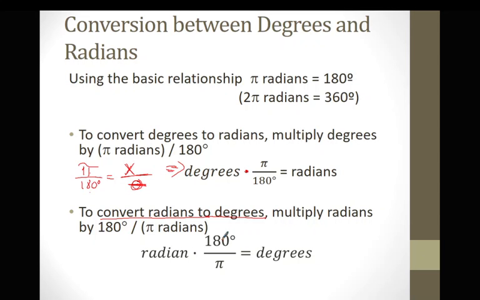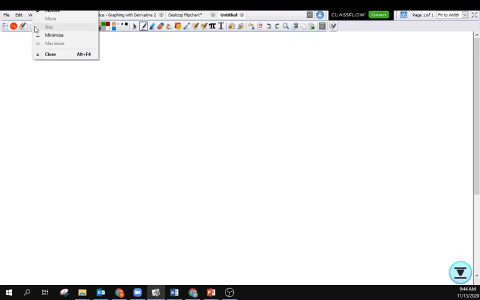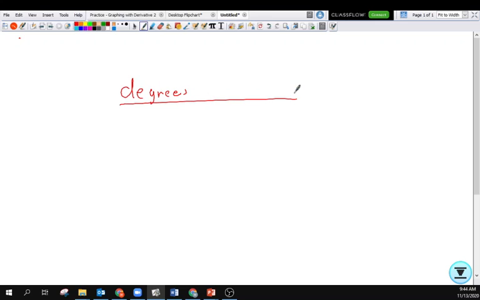Now, this actually goes back to something you learned in chemistry that you absolutely dislike. If you have it in degrees, you multiply it by pi over 180 degrees, and degrees divides out with degrees.